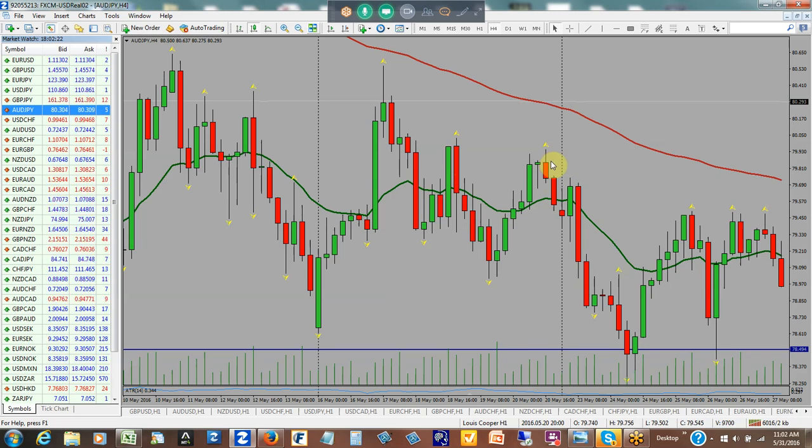Here's another one. Several candles in a row, and the key is that the wick is higher than the prior green. Here's another one over here where the wick is higher than the prior green. Here's another one over here, where the wick is higher than the prior green.